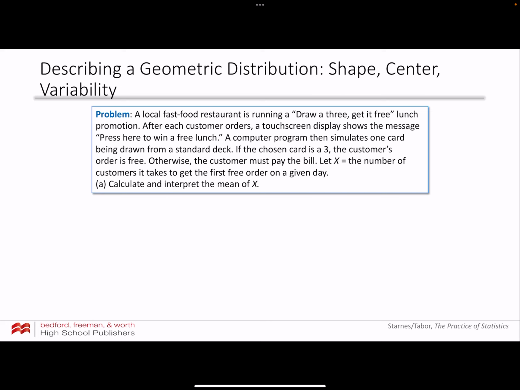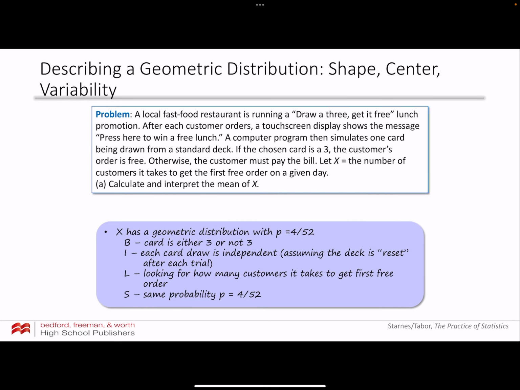And remember, before we calculate any probabilities or mean or standard deviation, if I'm using these formulas, I have to say that the distribution is geometric. So let's think about it. Binary: we either choose a 3 or we don't, right? So success is getting a 3 or not.